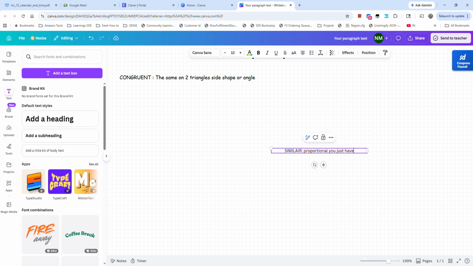You just have to do an equation to change it. Like for an example, 10 and 5. If you just divide them both by 5, you'll get a 2-to-1 ratio any day of the week.